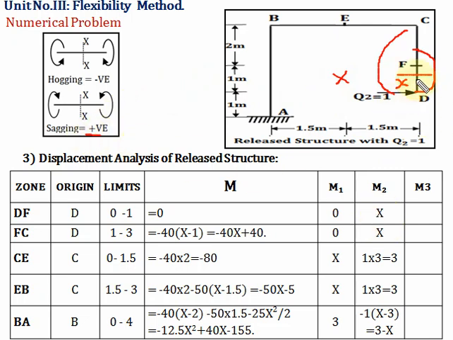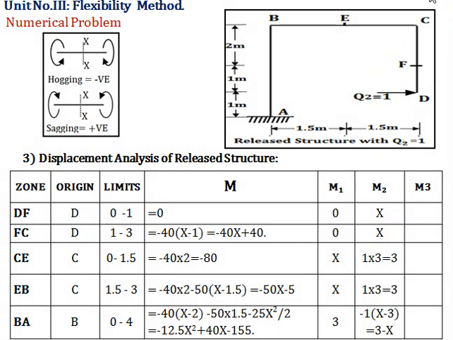So 1 multiplied by x is x. Next we'll take the section in FC, measuring x from point D. The force will act like this. Again the nature is sagging, so 1 multiplied by the distance x is x.